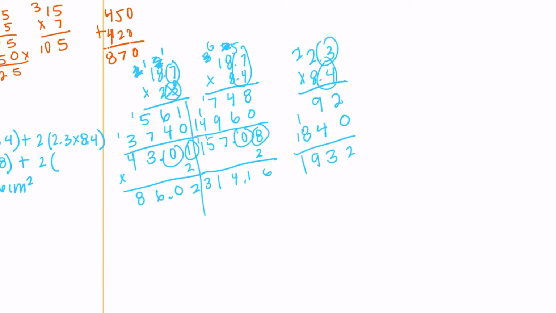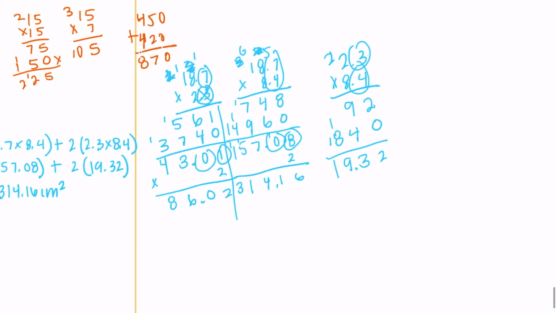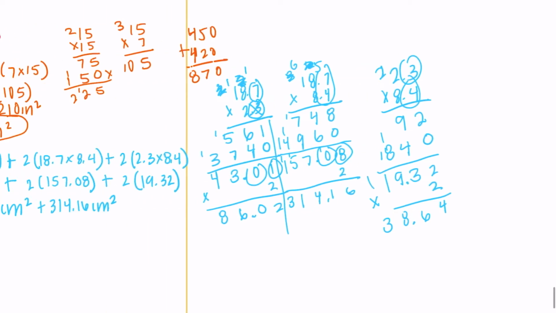Two digits behind the decimal point. So 19 and 3200ths, and 2 groups of that. So 38 and 6400ths.